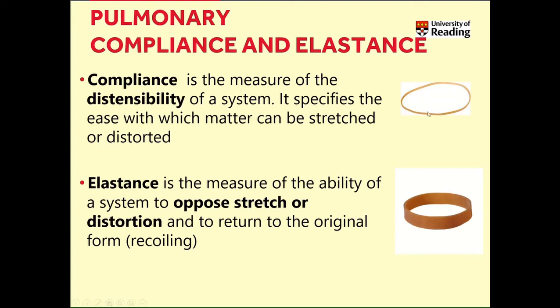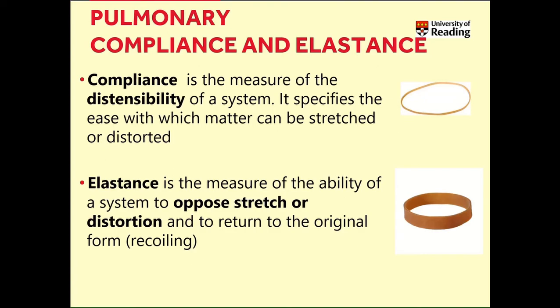I think it's easier to understand this concept if you think about a thin elastic, which is easy to distend and modify, and a thick elastic, which opposes a stretch that you would like to apply to it, and tends to return to the original form. Why do I want you to understand these two concepts?